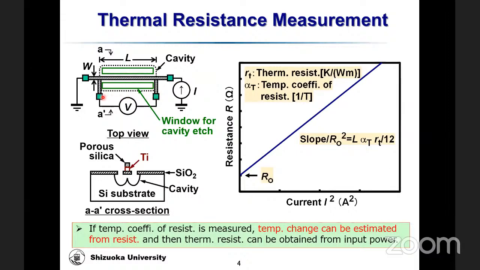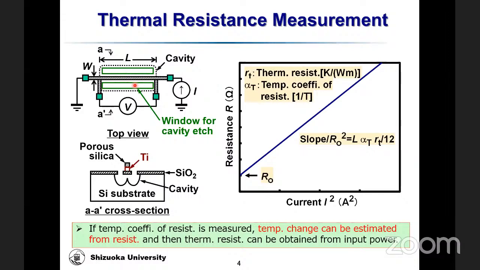And we can precisely measure the change of the resistance by making use of the 4 terminal configuration. And this wire is suspended in air and thermally isolated from the substrate. In such a case, all the heat flows in the direction of the wire, so we can have a rather beautiful analytical solution for the temperature rise and also the resistance with respect to the temperature.